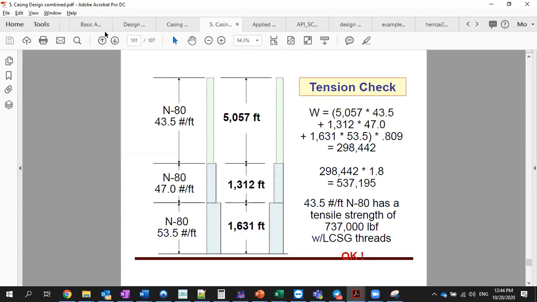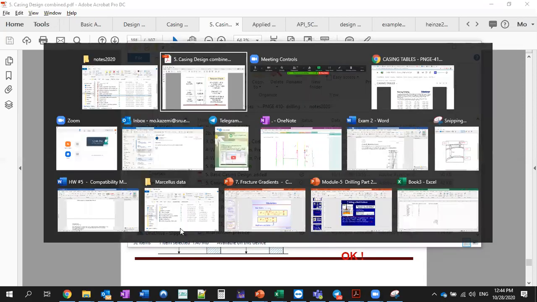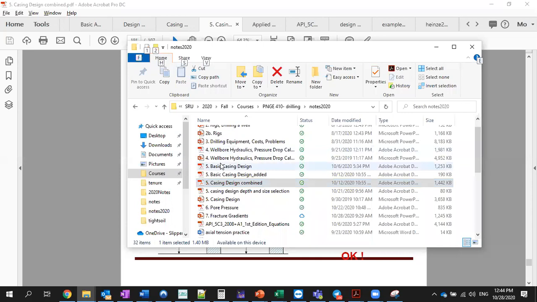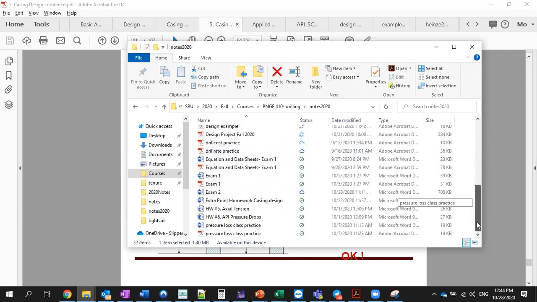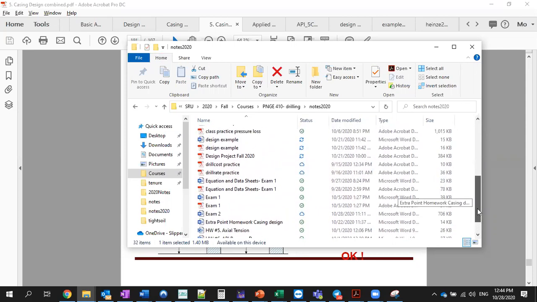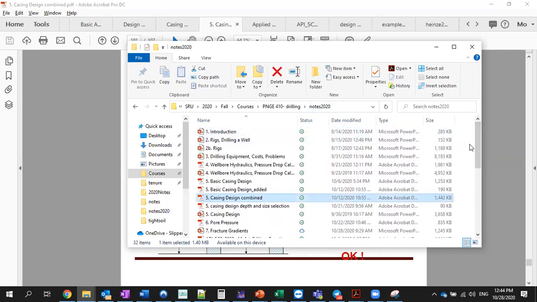What casing size are we talking about here, for the homework? Pressure, homework design.